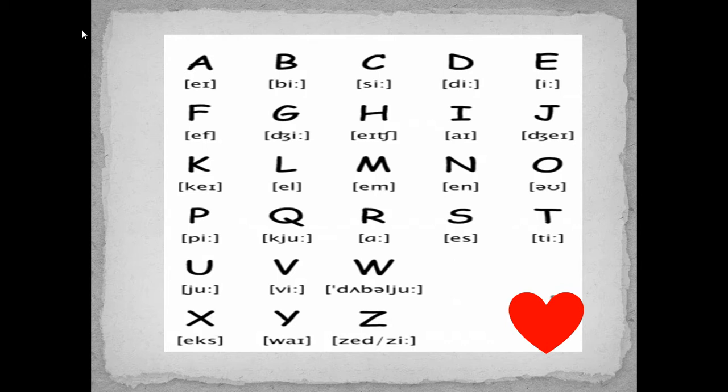Here is another correct pronunciation, N, but almost everybody pronounces it incorrectly. It should be pronounced correctly. Here's another, O, but we pronounce it incorrectly. It's the wrong pronunciation, I must say.